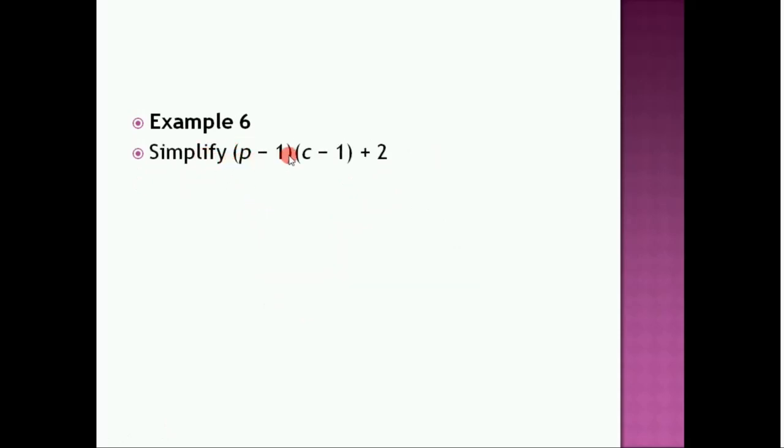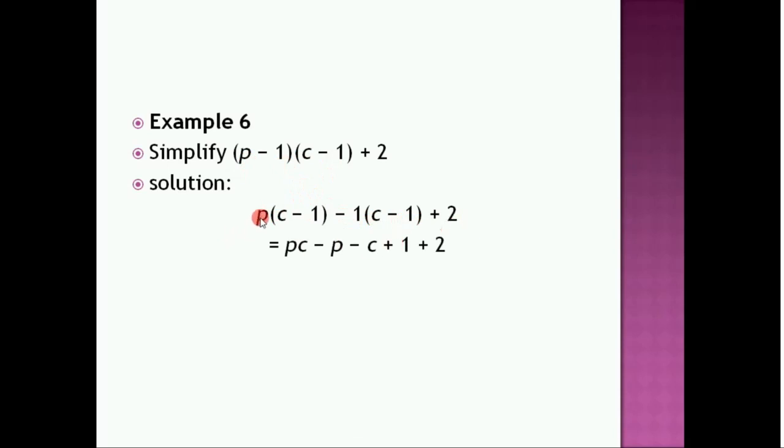Simplify p minus 1 into c minus 1 plus 2. The solution is, I write this p with c minus 1 and this minus 1 with again this bracket c minus 1, and then plus 2. When I multiply p into c, it comes pc, and p into minus 1 is minus p. No need to write 1 as a coefficient.